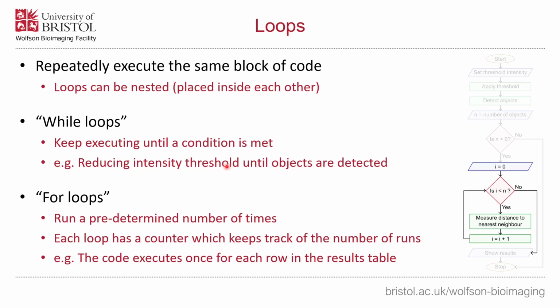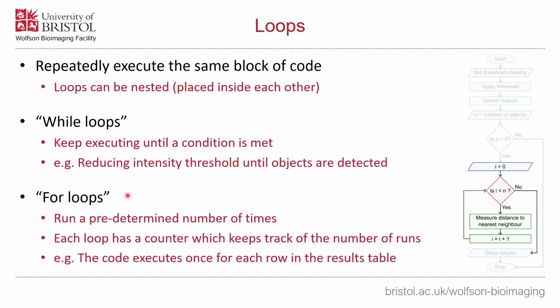And you keep repeating that until the number of objects detected is greater than 0, at which point it would skip on to the next thing. So that would be a kind of feedback loop where it's changing a value until that condition is no longer satisfied. The condition in this case being n is equal to 0.